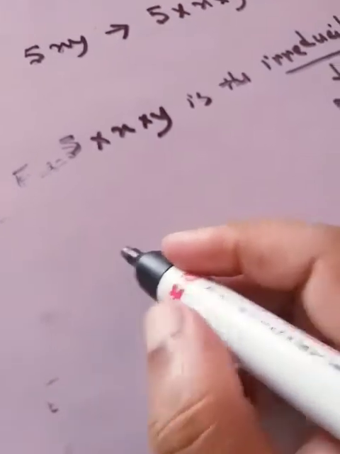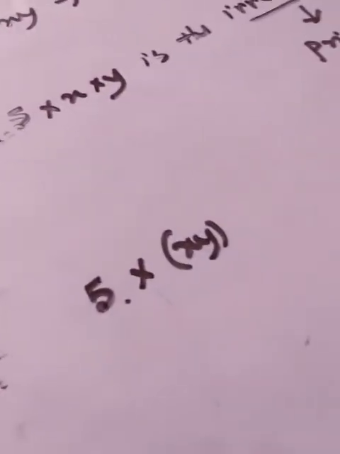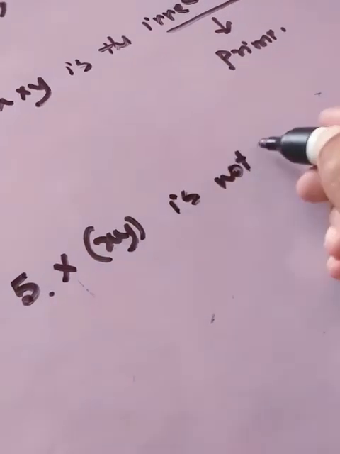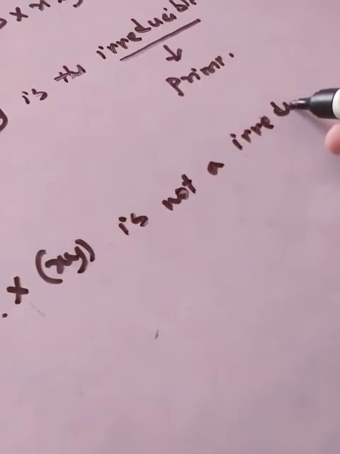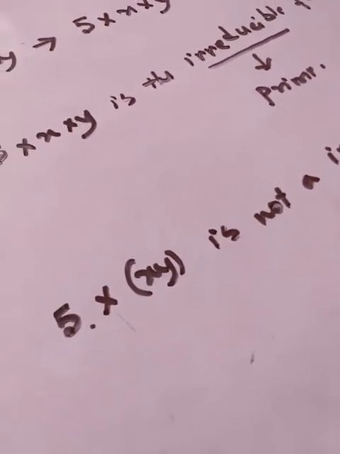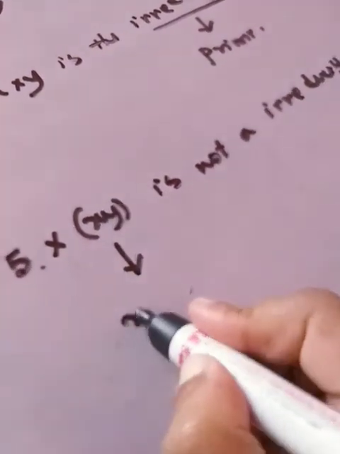But you have to understand that we cannot say that 5 into xy is an irreducible form of 5xy. Why? Because xy can again be split up as x into y.